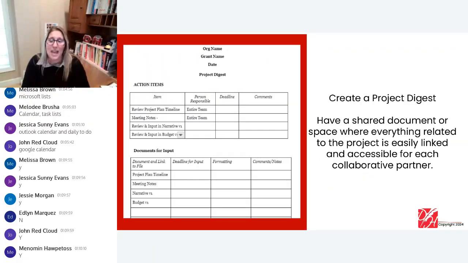What we like to have is something called a project digest. Where can we put the key action items, even if we're using a project management tool that the collaborative group can see? The project digest is something that we have within the description in the tool. It is something that any partner can bookmark and save.